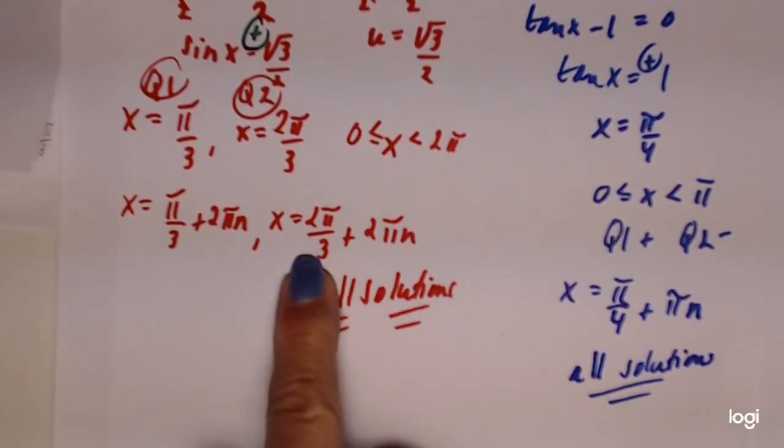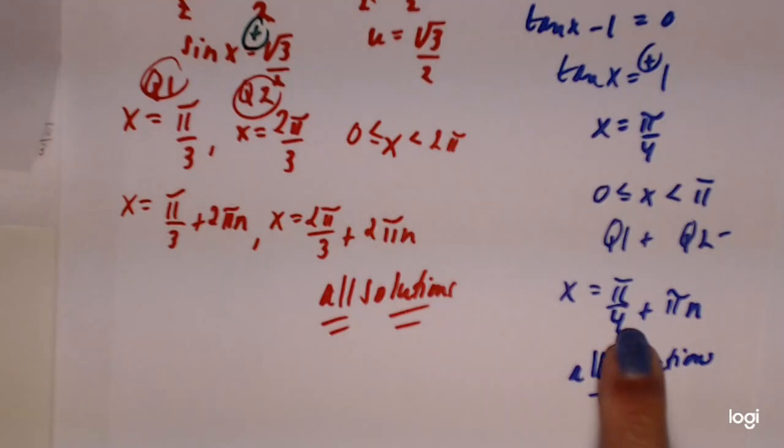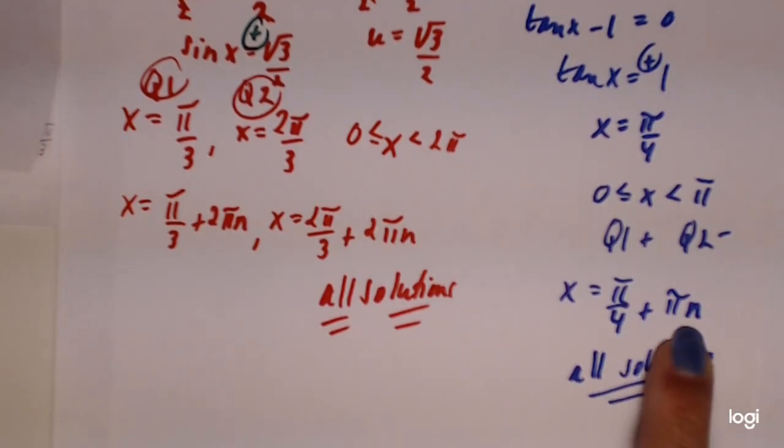And I forgot to mention here, but I'll mention it now, n is also able to be a negative integer. So we could have pi over 4 plus negative pi if n was negative 1. If n is negative 2, it would be negative 2 pi. So pi over 4 plus negative 2 pi would give us another solution.